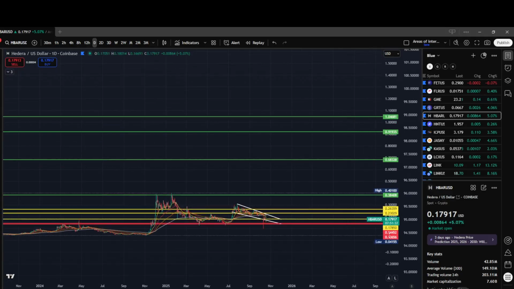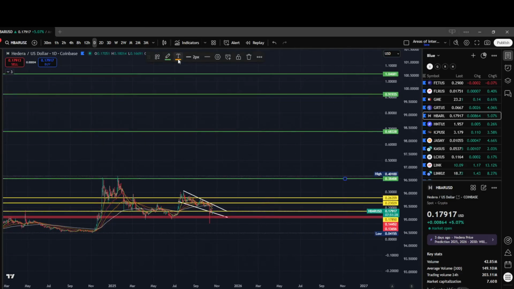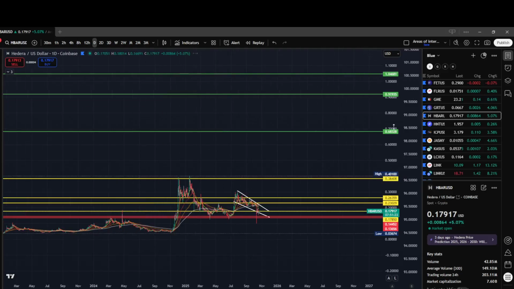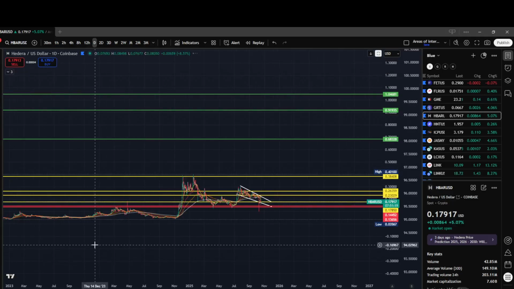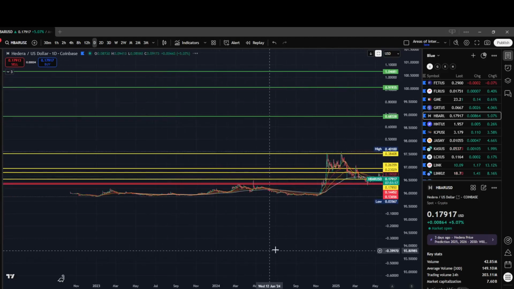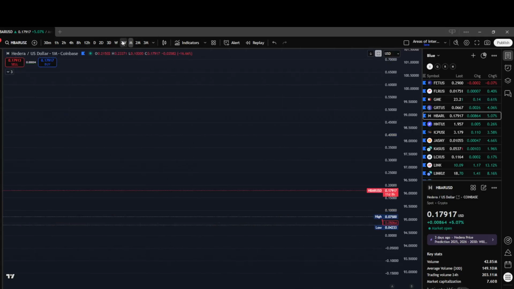Once you get above this last green area, I kind of want to leave this yellow like that. At 38 cents, then you can target these prices up through here. And then this does look like I do want to kind of do this too. Let me do it on the monthly if I can get it pulled up.